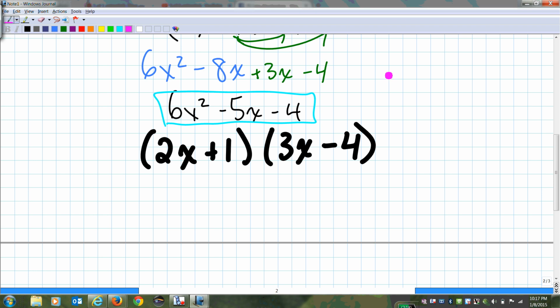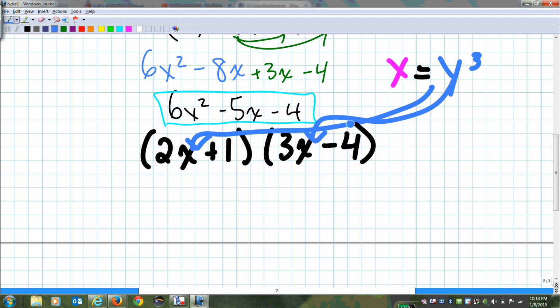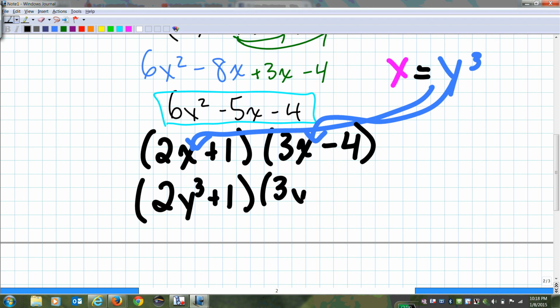Now earlier, x was a substitute for y to the third. So for the finished product, we have to go back and put y to the third back in the original. So this is going to be 2y to the third plus 1, 3y to the third minus 4.